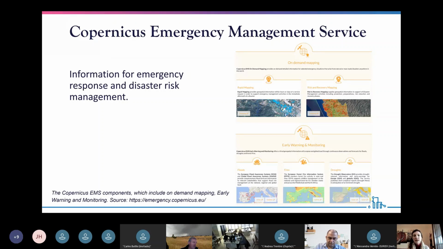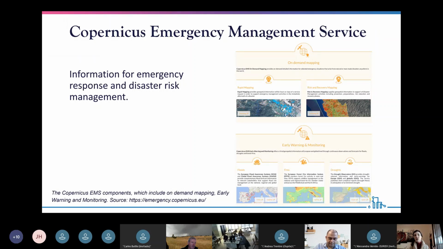So let's start with the Copernicus Emergency Management Service, just an introduction to this service, which is provided by the European Commission. As you have probably learned already in these days, and maybe you knew already, Copernicus is a huge program of the European Commission providing observation of the phenomena of the Earth and also analysis of data to monitor these phenomena.